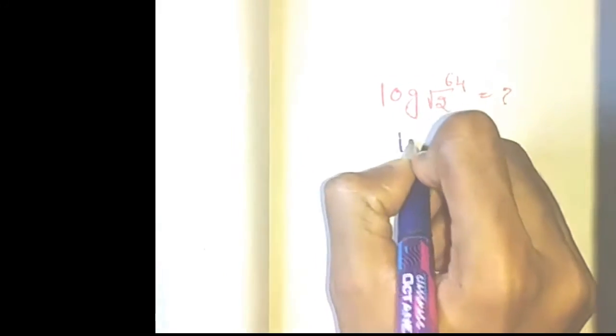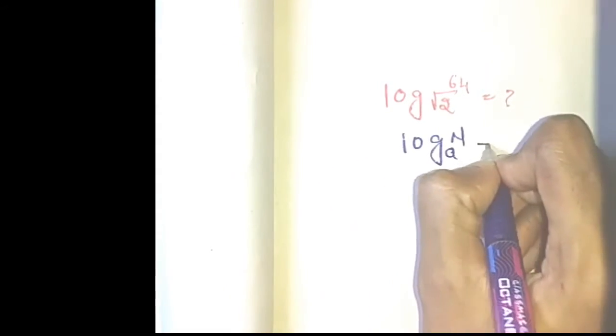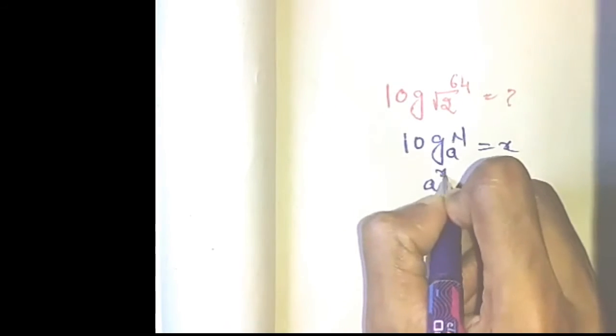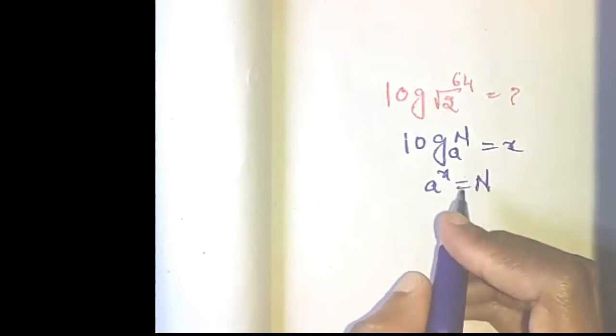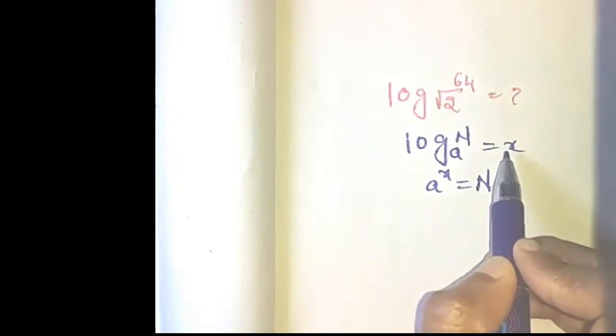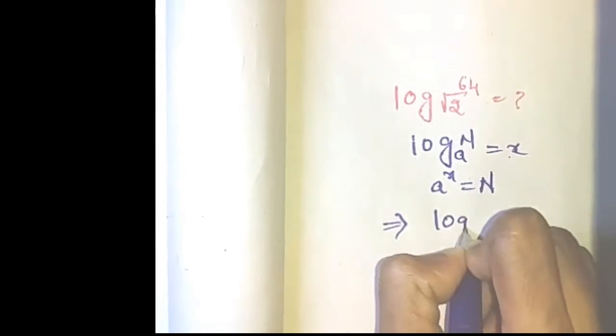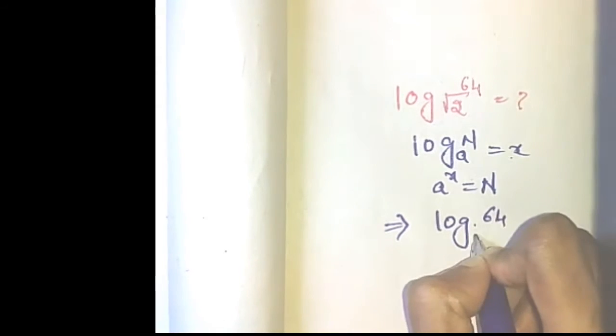So now we know both formulas, that is log n base a is equal to x and a power x is equal to n. Now we have to convert this logarithmic form into exponential. Before that, we consider this logarithmic form as x. Now log 64 base root 2 is equal to x.